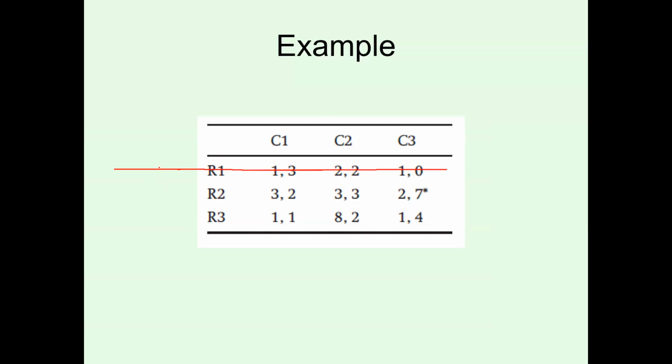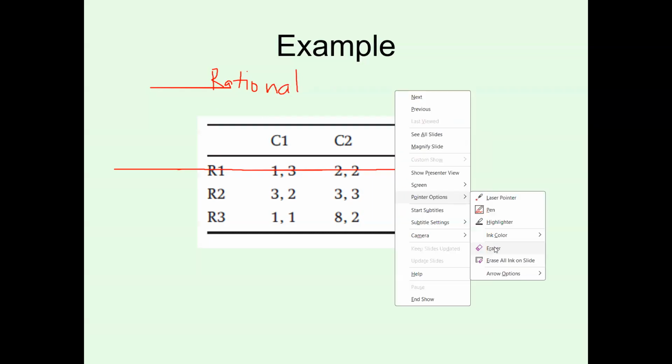But I can also look at it as if I were the column player, because the main assumption here is that the players are, what's the main assumption? They are all rational. Always remember that. They are all rational.